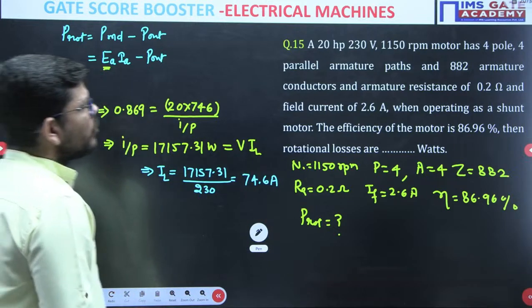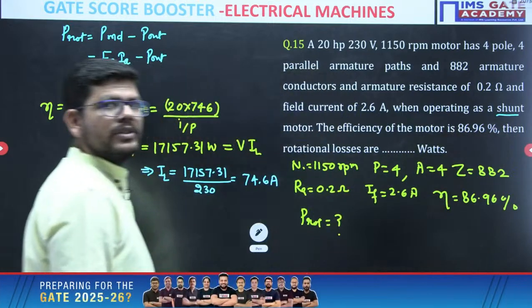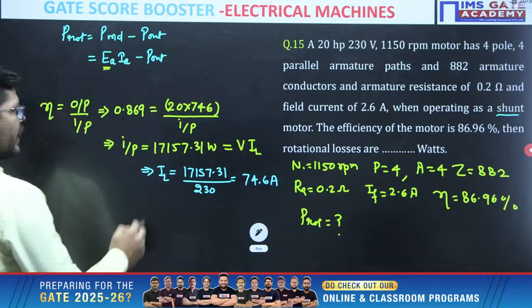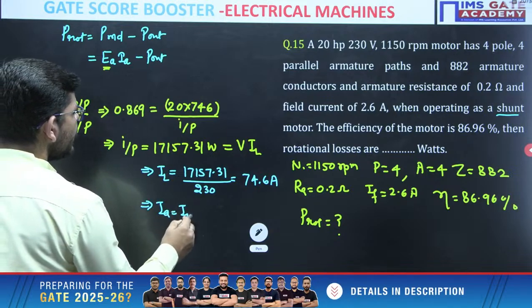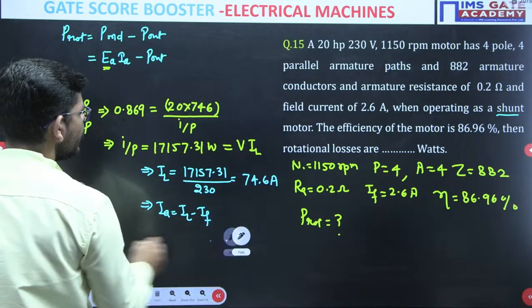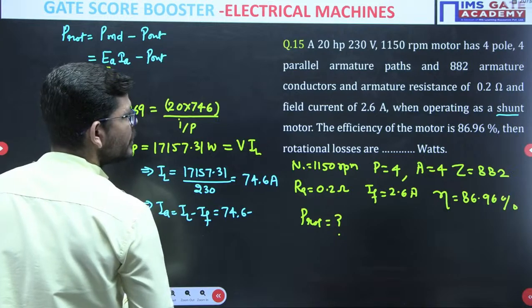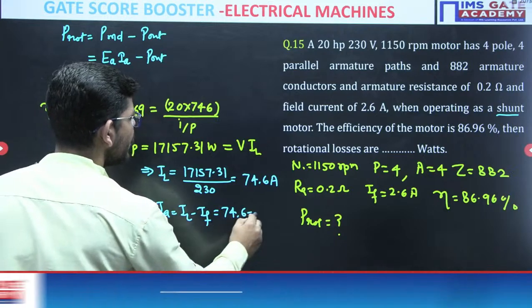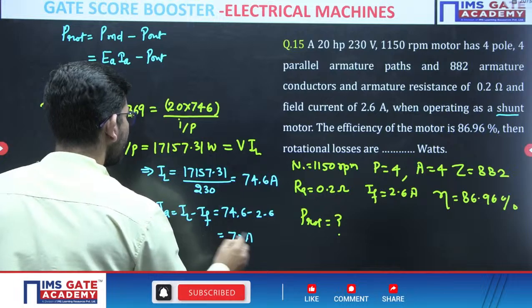Then what type of motor is it? It is a shunt motor. Line current and field current are given, so we can calculate armature current, which will be line current minus the field current. 74.6 minus 2.6 gives 72 ampere.